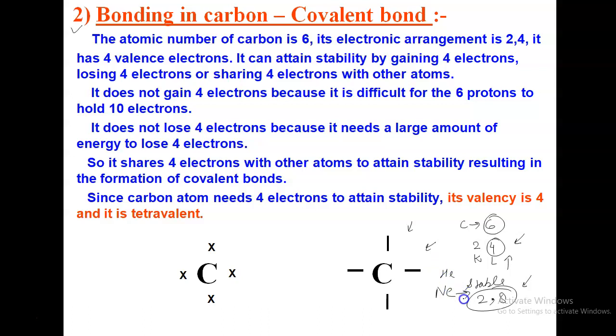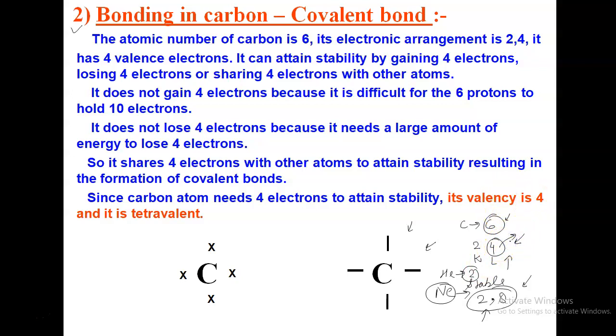This is the neon configuration, and neon is an inert gas. As we know, it does not react. So we need this configuration for carbon too. How can we say it is stable if it attains the helium configuration?